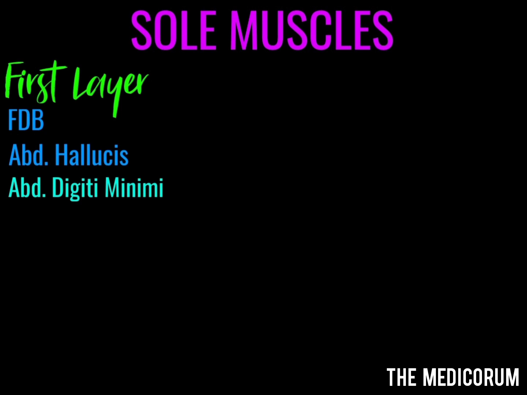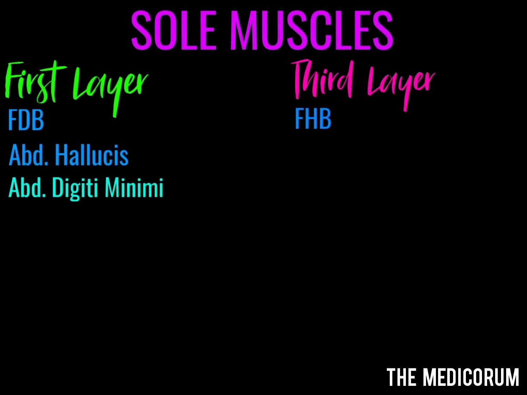Before seeing the muscles of the second layer, I would like you to see the muscles of the third layer. We will write adjacent to the first layer the muscles of the third layer. In the first layer we had flexor digitorum brevis. Similarly, in the third layer we have flexor hallucis brevis.